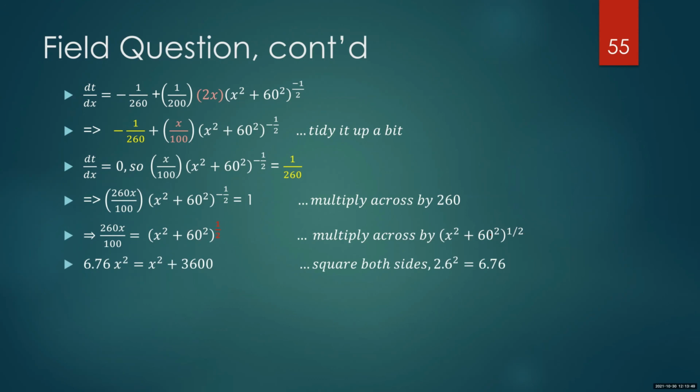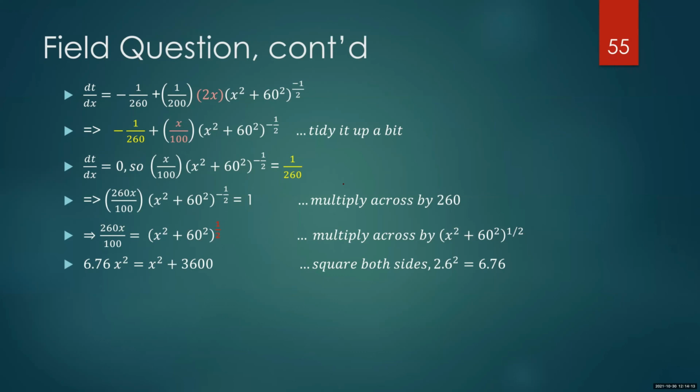And so we now square both sides. So 260x over 100 is 2.6. The square of that is 6.76. So that's where the 6.76 piece comes from. And obviously the x becomes x squared. So 6.76 x squared becomes x squared plus 3600.